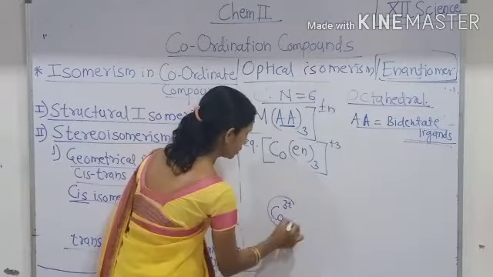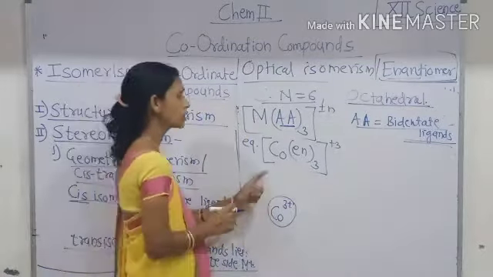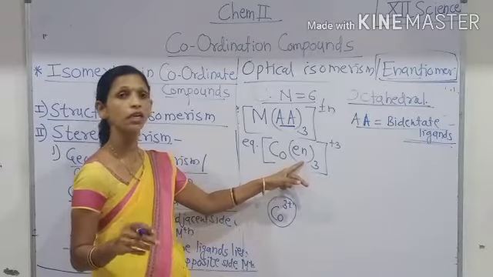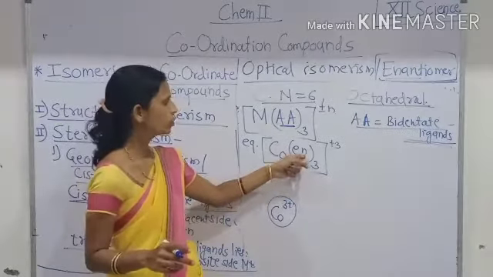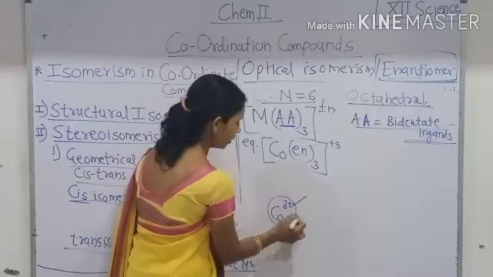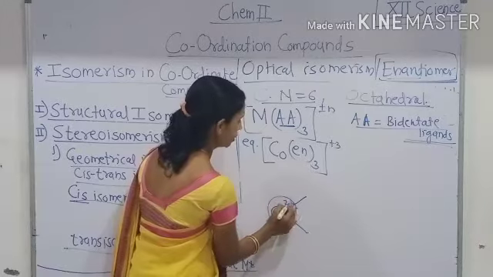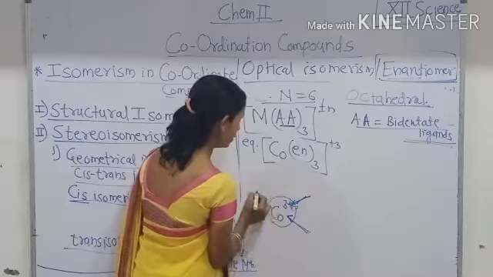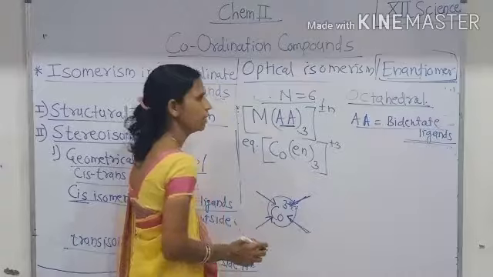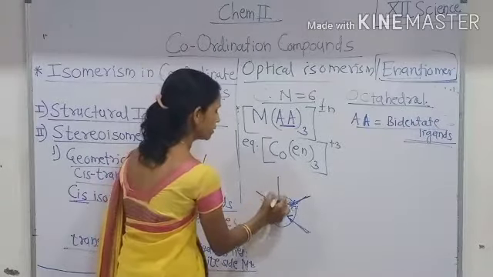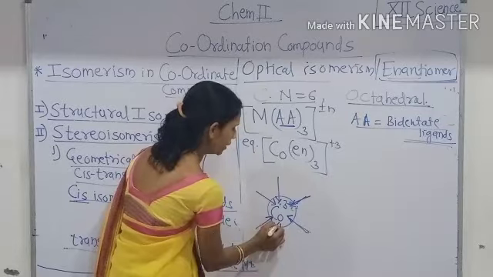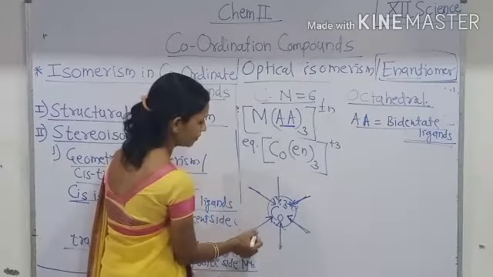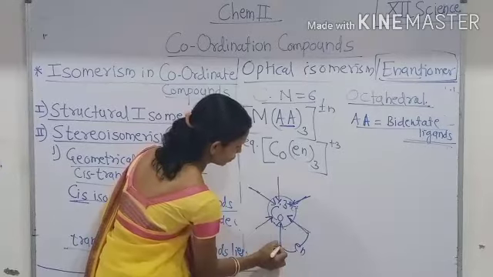the Co3+ ion is at the center, surrounded by 3 bidentate ligands, that is 3 ethylene diamine ligands, which are 3 identical bidentate ligands having octahedral geometry.